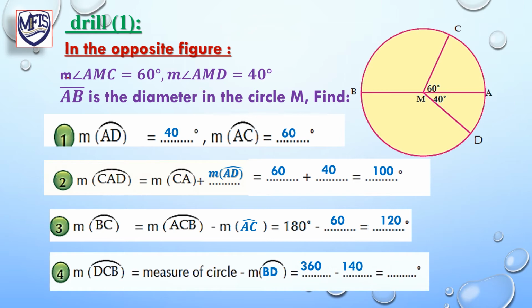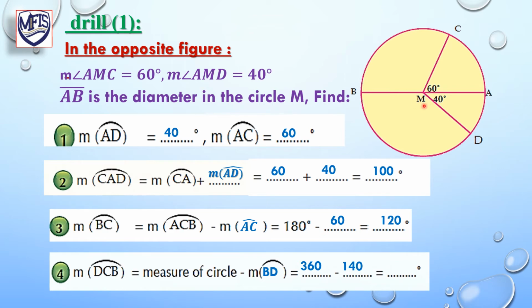Why 360? Because the measure of the circle is 360. Where is the 140? The measure of arc BD is 140. Why? Because angle AMD equals 40 degrees, so measure angle BMD equals 180 minus 40.